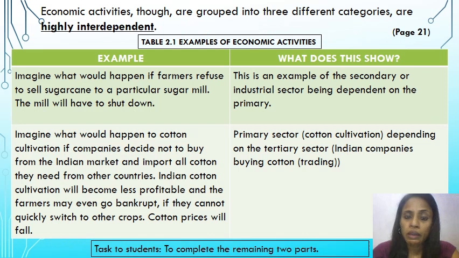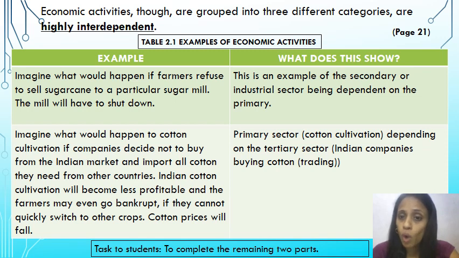Economic activities in these three sectors are highly interdependent. Actually, in page number 21, there are few examples given in the table format. Please refer to that. The first example says, imagine what would happen if the farmers refuse to sell sugarcane to a particular sugar mill. This mill will have to shut down.